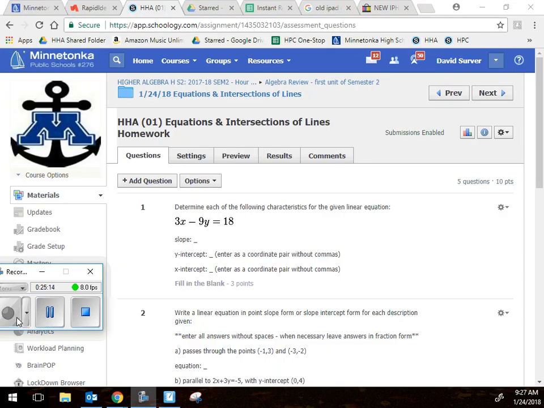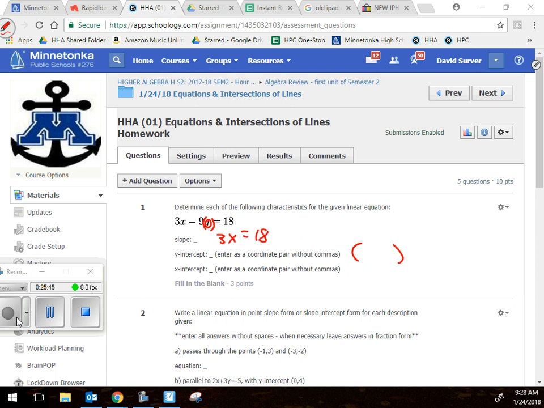Okay, so here's how it looks. Number 1, it wants the x-intercept. Enter as a coordinate pair without commas. So if I want the x-intercept of this thing, it's where y equals 0. I'm going to stick in a 0 right here and solve that little equation. So 3x minus 0, which is just 3x, equals 18.